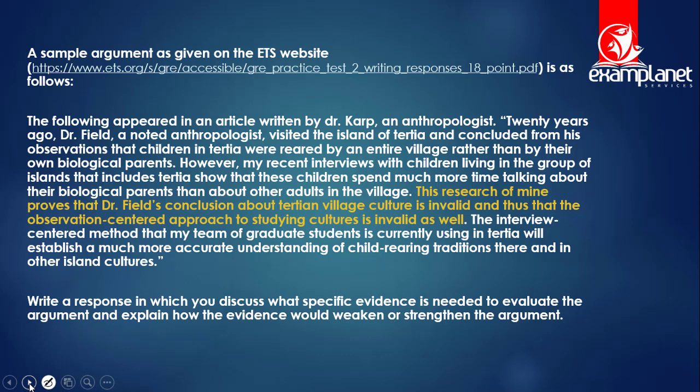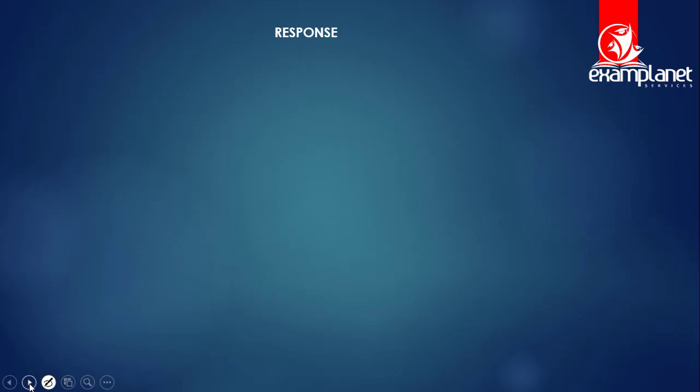And then he said something about the research that was carried out, the interview centered method, as it's stated there, was not carried out on that village, but all villages around that village. So what if we do not have enough people interviewed from the particular village in question? So these are flaws that you could bring out of the argument to build your essay.